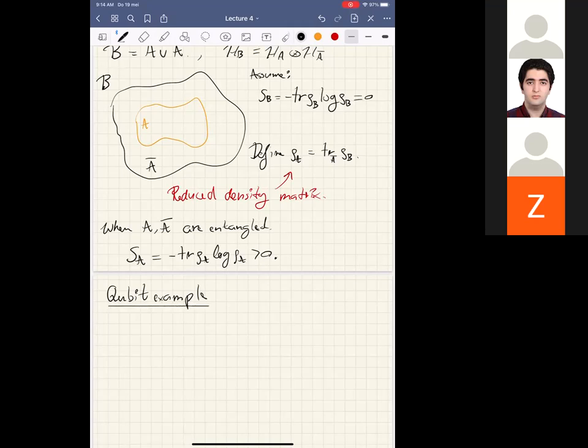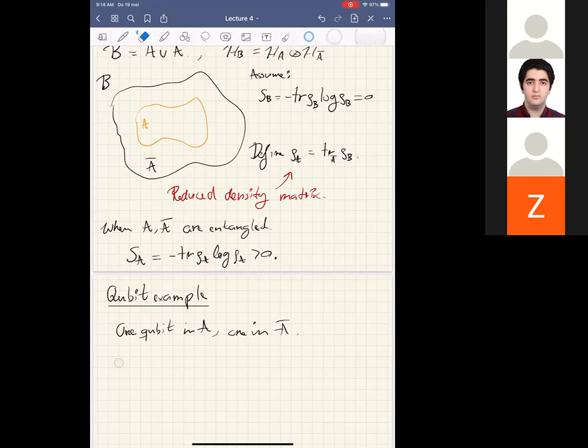Okay, so now we consider that there are two qubits, one of them in system A and one of them in system A bar. We'll make sure we prepare the system in such a way that these two qubits are entangled.